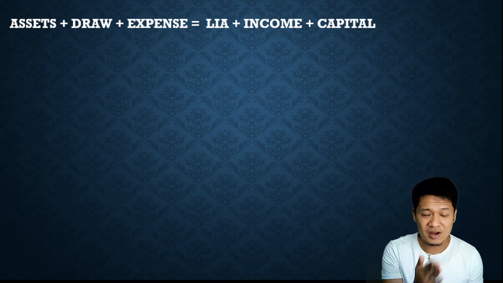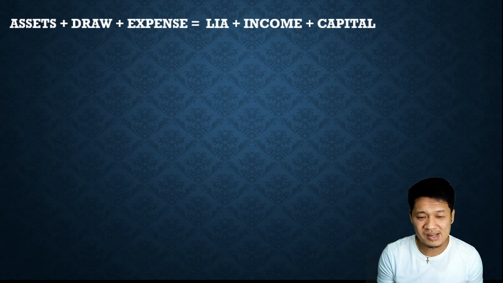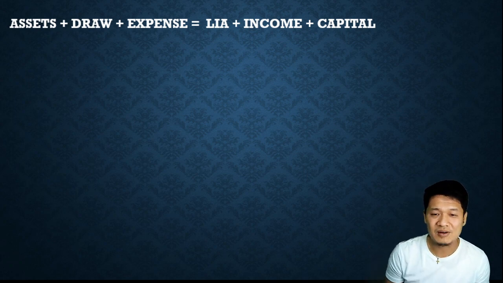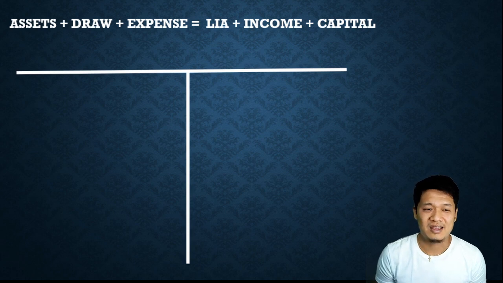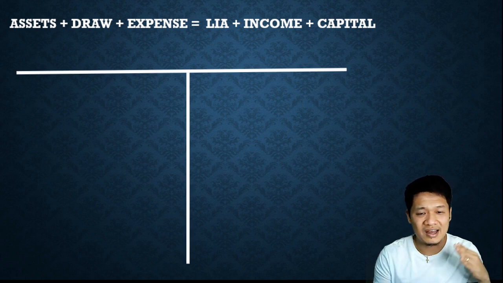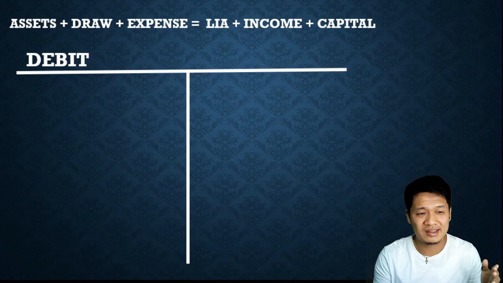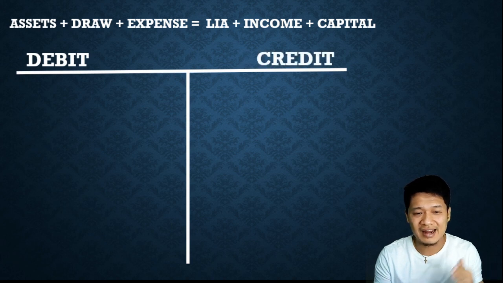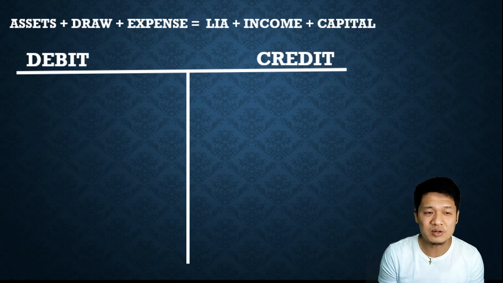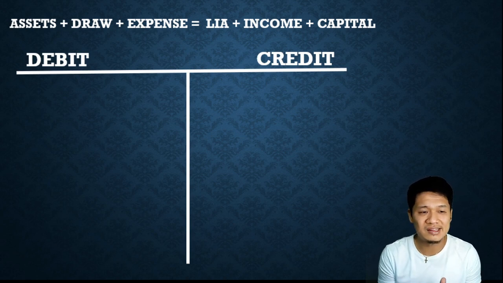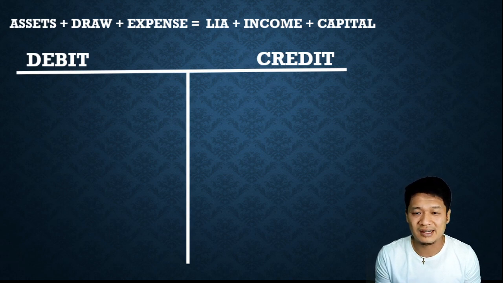In this accounting equation, guys, pwede na tayong gumawa ngayon ng tinatawag nating T accounts. Okay, so the left side represents the debit and the right side represents the credit. Kung ma-observe natin, we have 3 accounts under the left side and another 3 accounts under the credit.